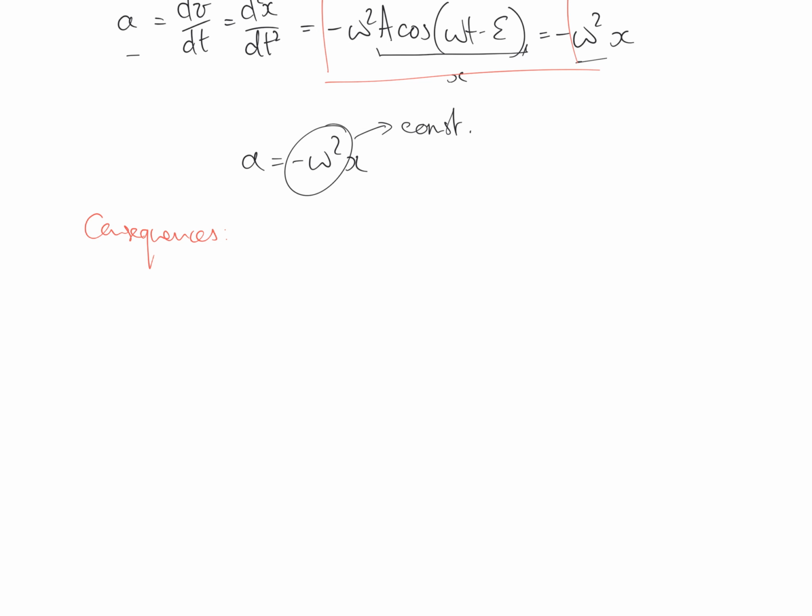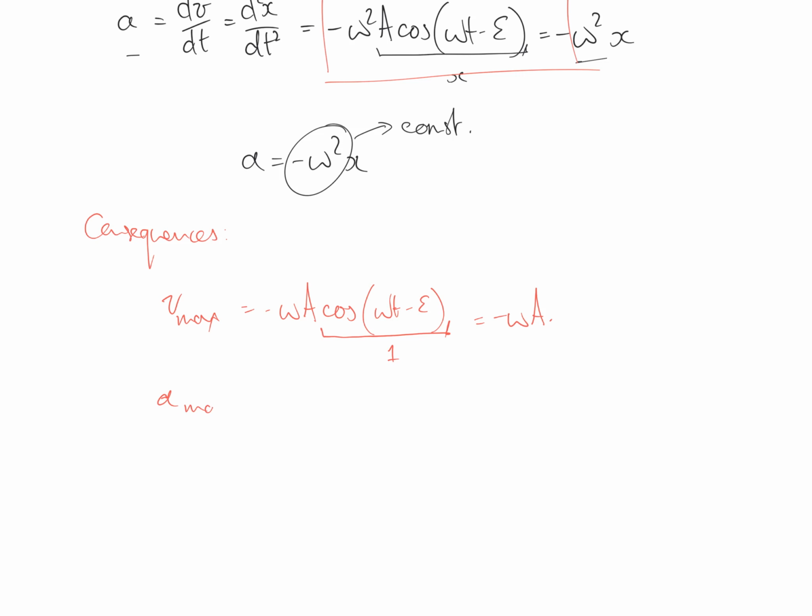Those being, what's the maximum velocity that you're going to find? Well, if I write out minus omega A cosine omega t minus eta, the maximum occurs when cosine is 1. And if cosine is 1, then I get minus omega A. Remember that.